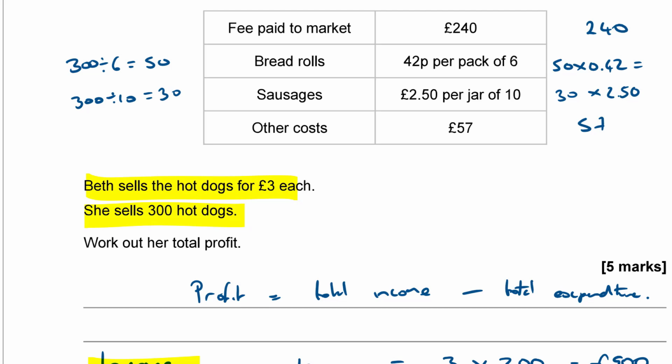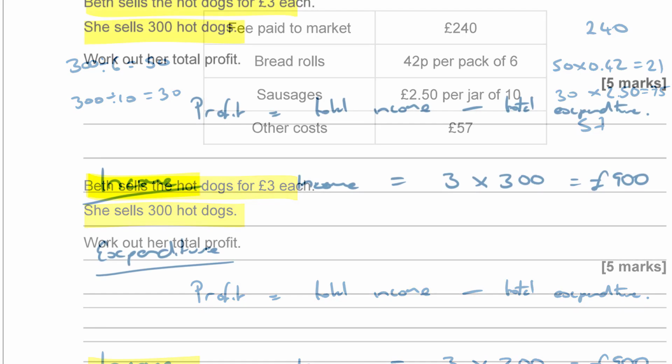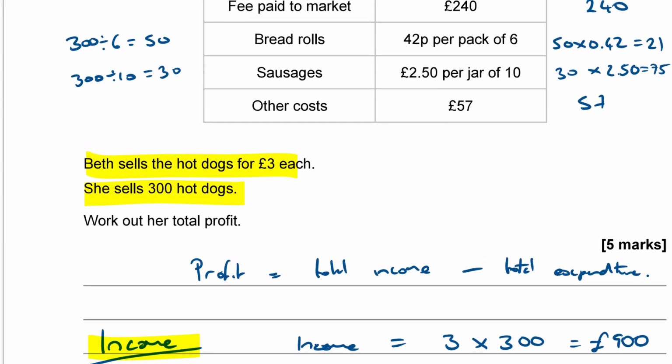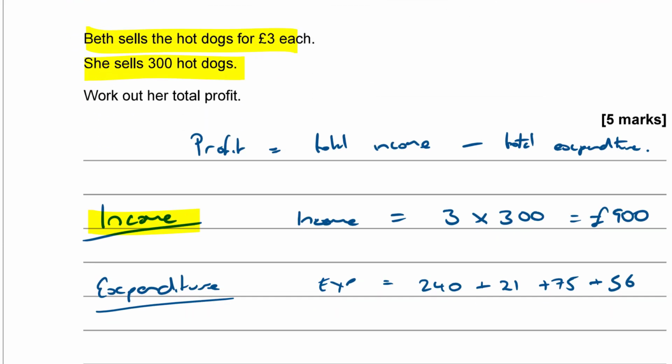So 50 times 0.42 comes out to be £21. I've got 30 lots of £2.50, 30 times £2.50, which comes out to be £75. So my total expenditure is going to be those 4 amounts added up, isn't it? So expenditure is going to be 240 plus the 21 plus the 75 plus the 57.